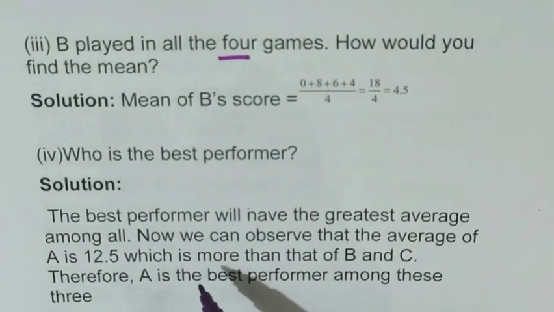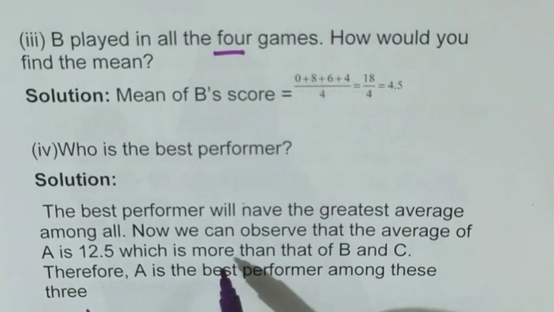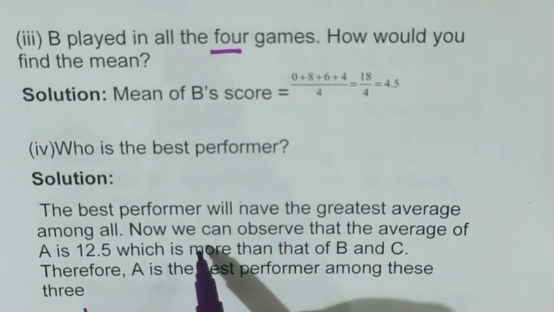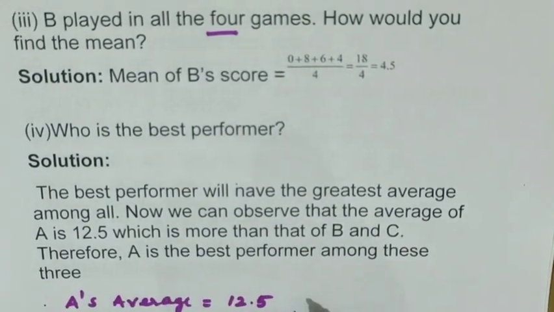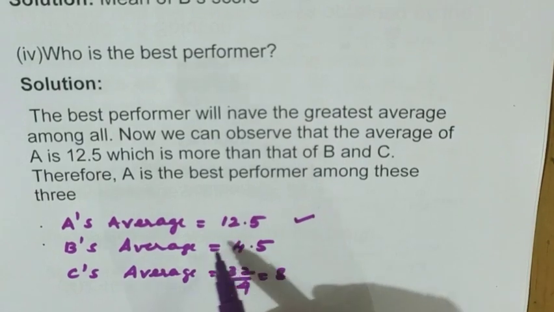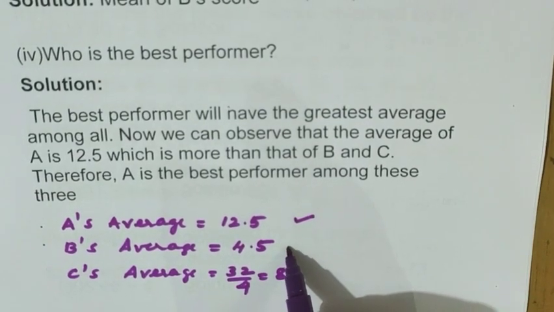Now we are doing the comparison. Who is the best performer? The best performer will have the greatest average, right? Now we can observe that A's average we already calculated in the first question, that is 12.5, and in the third question we have already calculated B's average.